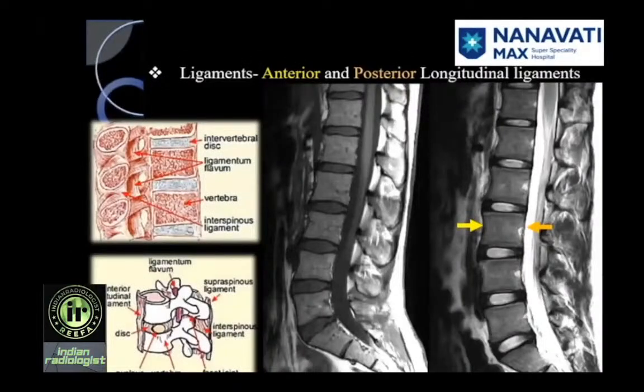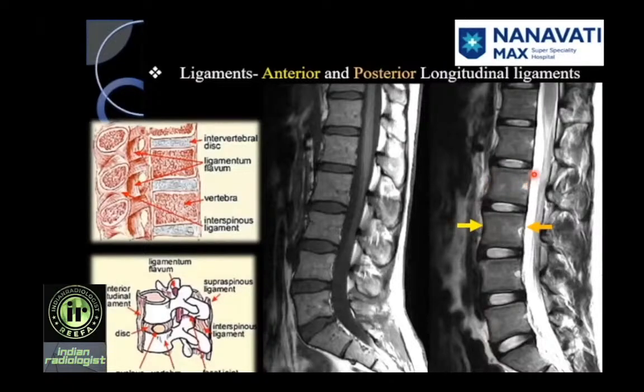A little bit about anterior and posterior longitudinal ligaments. Typically, they get merged with the cortex of the vertebral body and annulus of the discs. So here, this yellow arrow shows you anterior longitudinal ligament extending across entire lumbar vertebral column.